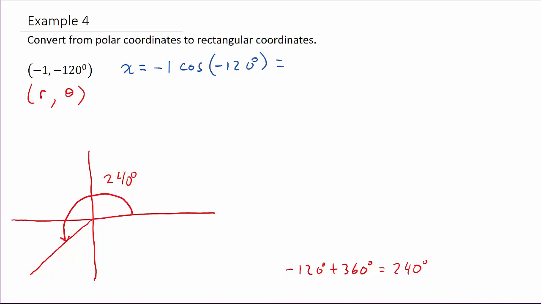And then I need to find my reference angle. My reference angle is 240 minus 180, and that's going to be 60 degrees.